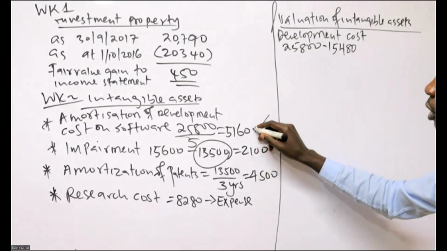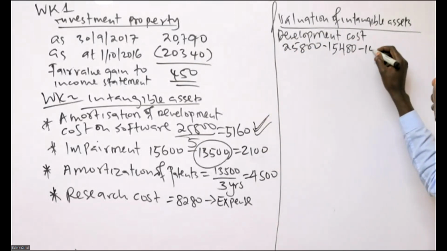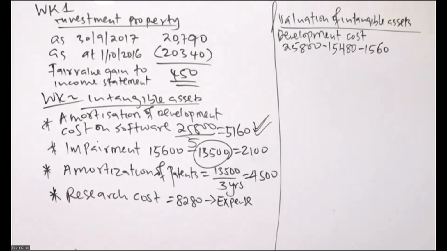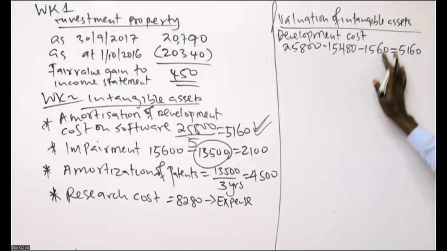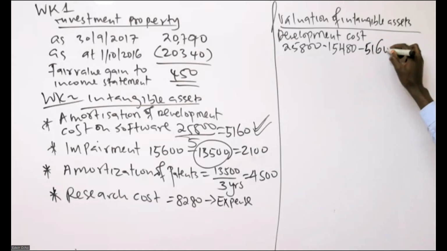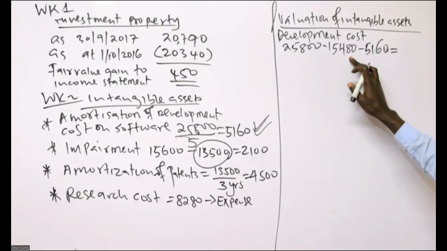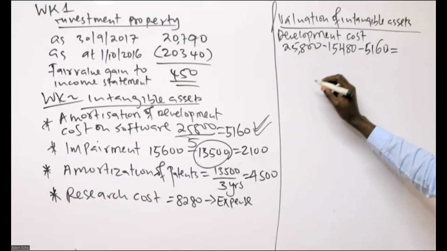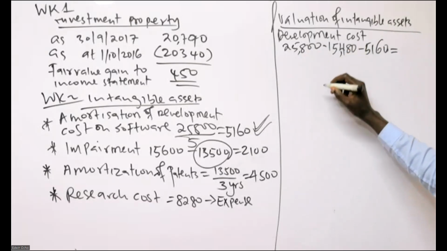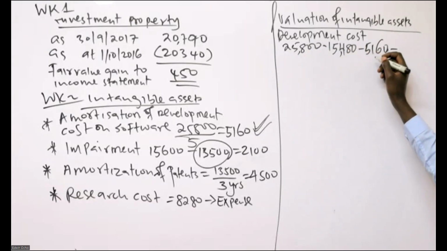Then the depreciation for the year is 5160. So the value of the development cost which will remain by that period is 25,800 minus 15,480 minus 5160.